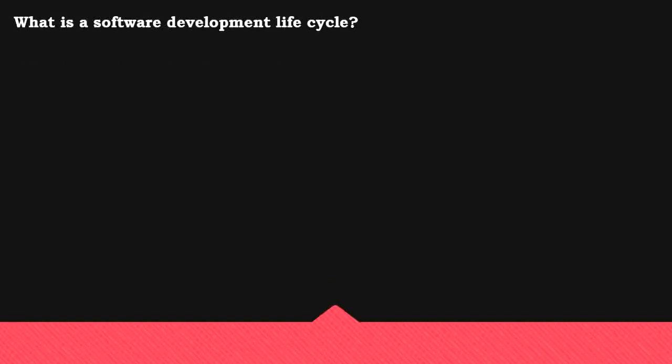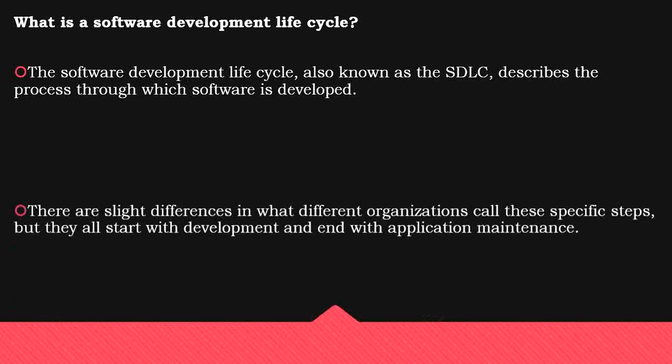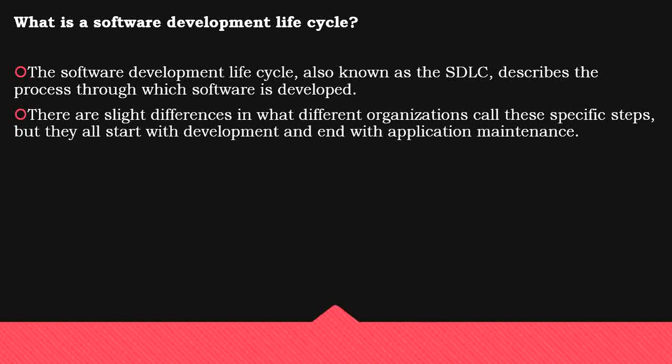And the next question is, what is software development life cycle? The software development life cycle is also known as SDLC. It describes the process through which software is developed. There are slight differences in what different organizations call these specific steps, but they all start with development and end with application maintenance.